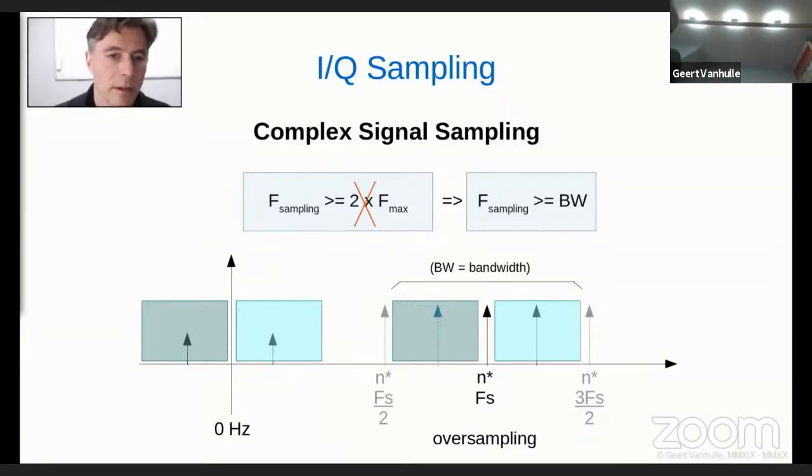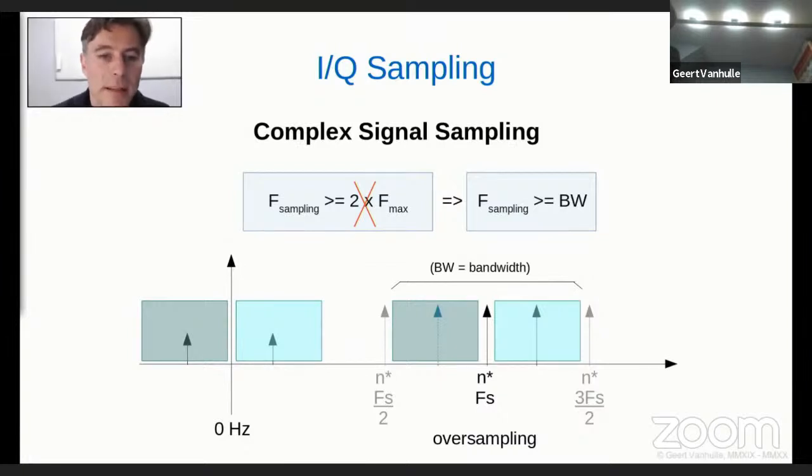So now we are not talking about our maximum sampling frequency, we are talking about our bandwidth. Our sampling bandwidth will not be 2 times f maximum, but our resulting bandwidth will be equal to the sampling frequency, of course disregarding the multiply n factor here. So this is the bandwidth that we are left with after sampling with negative and positive frequencies.